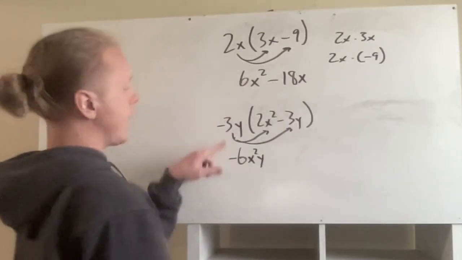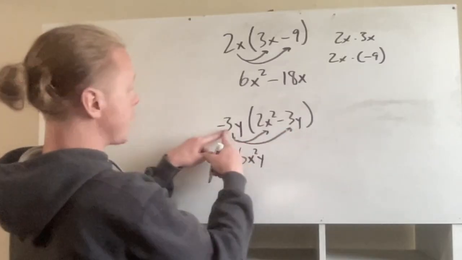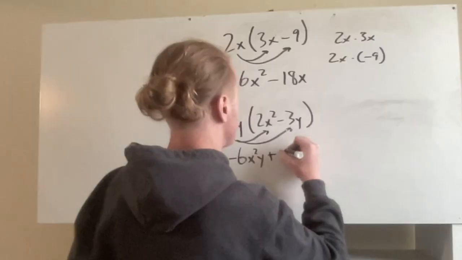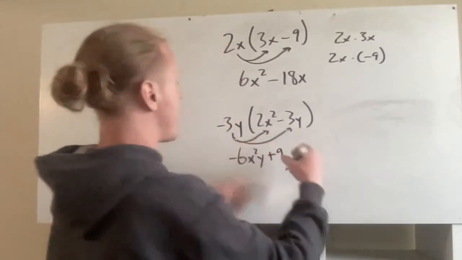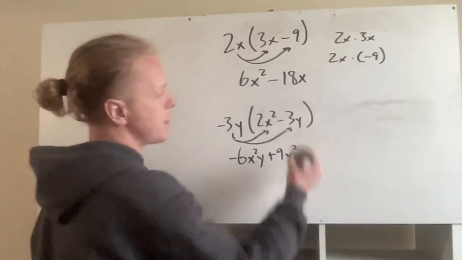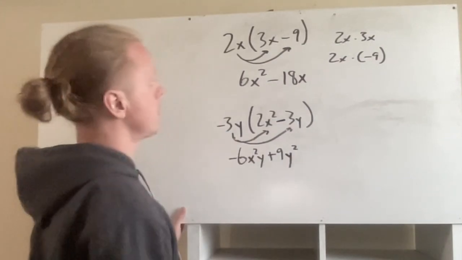Okay? And then negative 3y times negative 3y. Well, negative 3 times negative 3 is positive 9, so plus 9, and then y times y, y squared. Okay? Notice that because this is subtraction, I'm thinking of this as negative 3y.